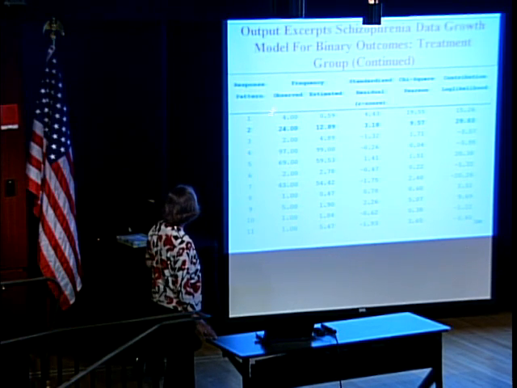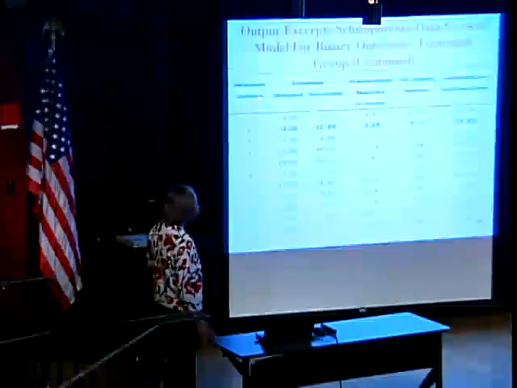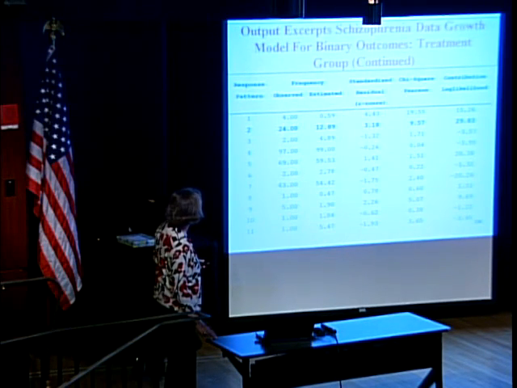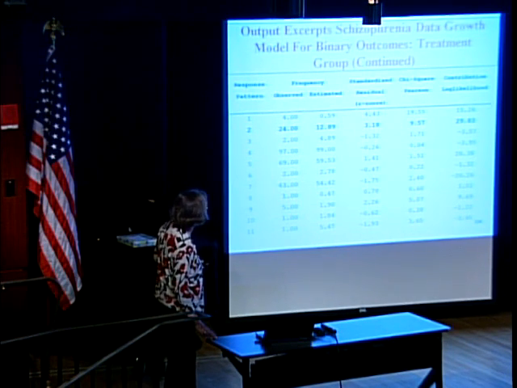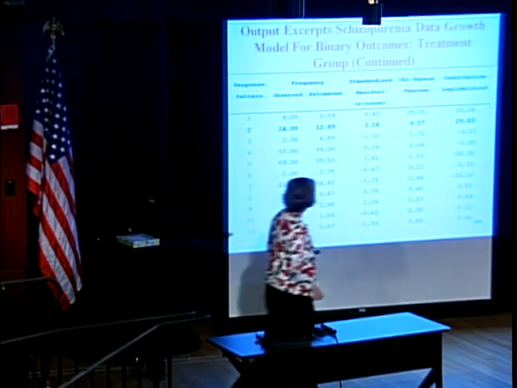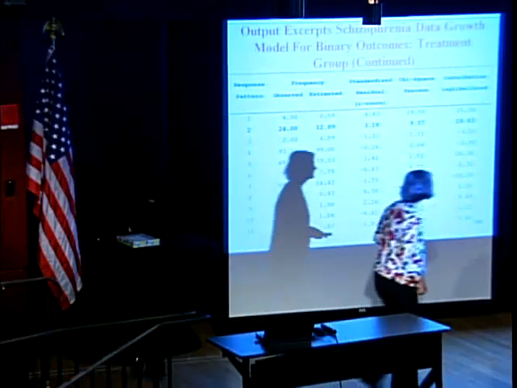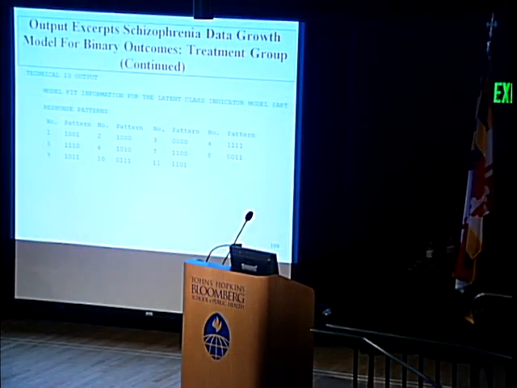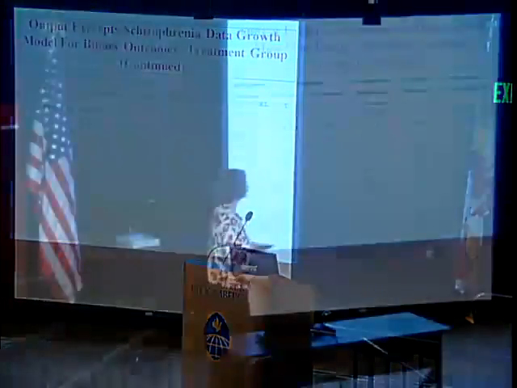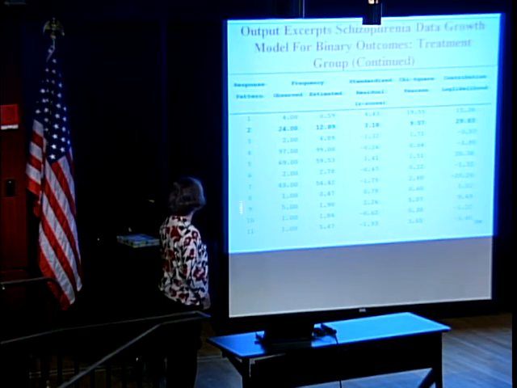Okay, so we have the response pattern, and that is referred to over here. So for example, 1 is the first one there, and 2 is 1, 0, 0, 1, or I can't see that far. Yeah. 1, 0, 0, 0. Okay, so this is how this relates. Response patterns.